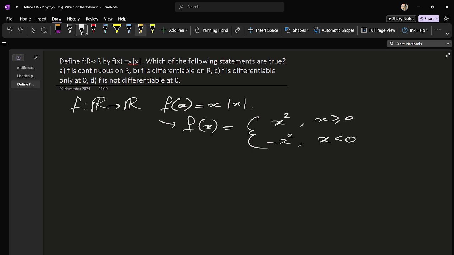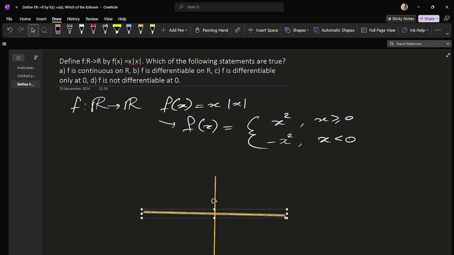Firstly, I want to sketch the graph for it. Let me draw it first. I want to make the x-axis for it.